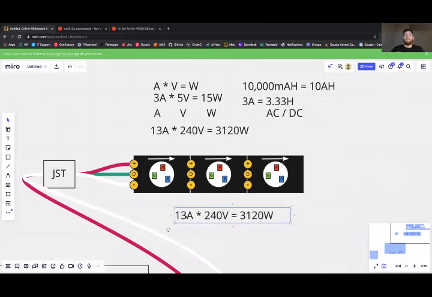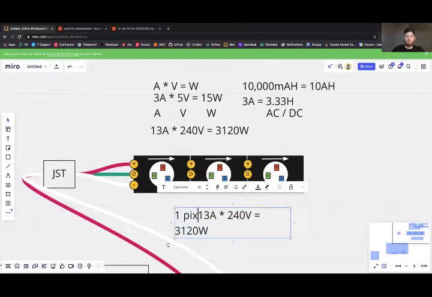If one of these is 0.3 watts, and we know that it operates at 5 volts, how many amps are required per pixel? Well, the answer is 0.3 divided by 5, so 0.06 amps.